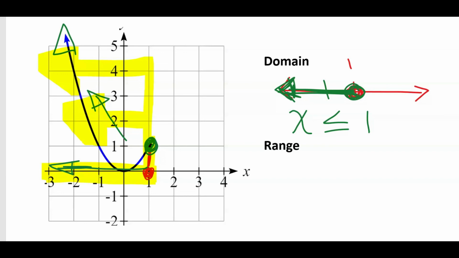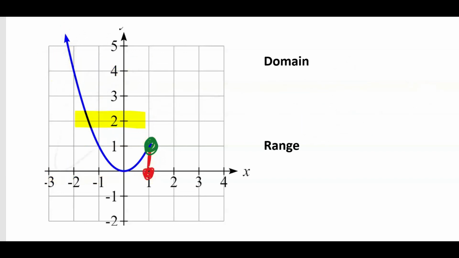Now if I want to describe the range values though, I'm just going to look at the y values of this graph. What's the lowest point and what's the highest point? Where does it go on the y-axis? Well, the lowest point of this graph is at the origin, at 0.